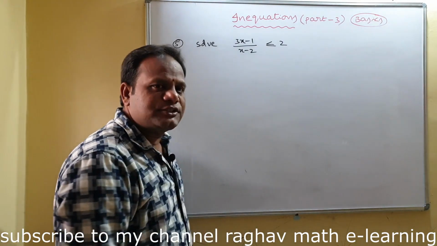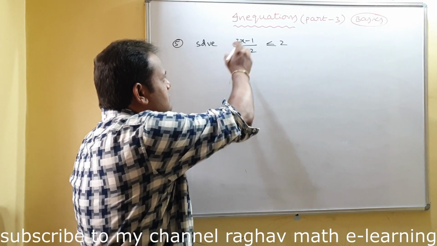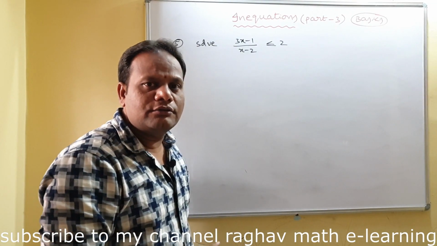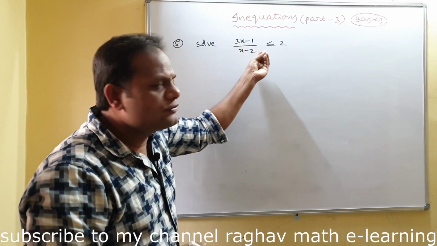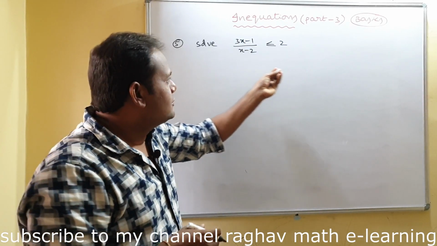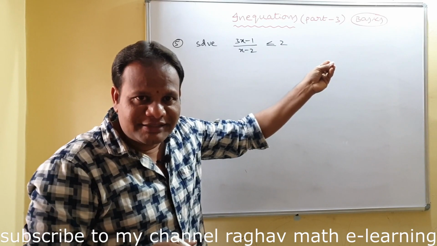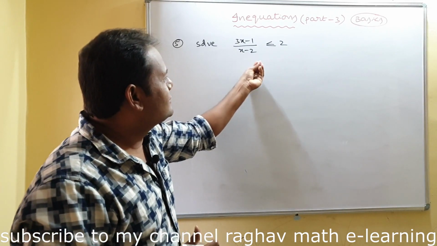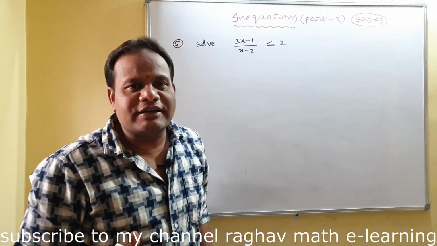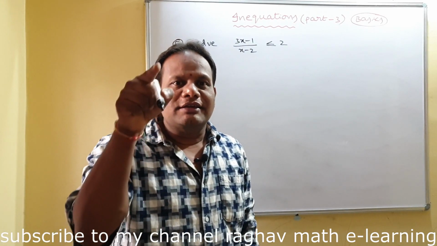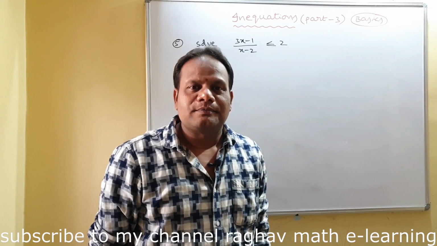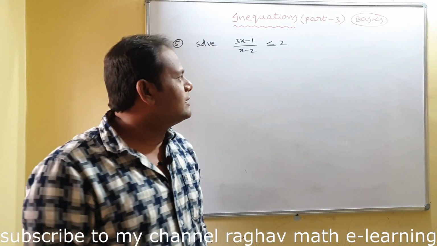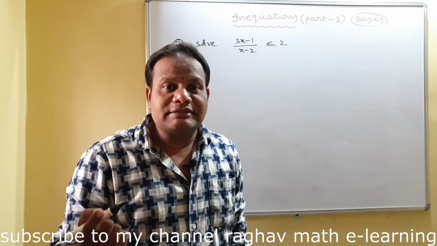Coming to the next problem. Solve (3x minus 1) by (x minus 2) less than or equal to 2. You have to solve this inequation. Can you do cross multiplication? No, we don't do that. Why? Because if you multiply an inequation with a negative sign, the inequation sign changes. If you multiply an inequation with a positive sign, the inequation sign remains the same.